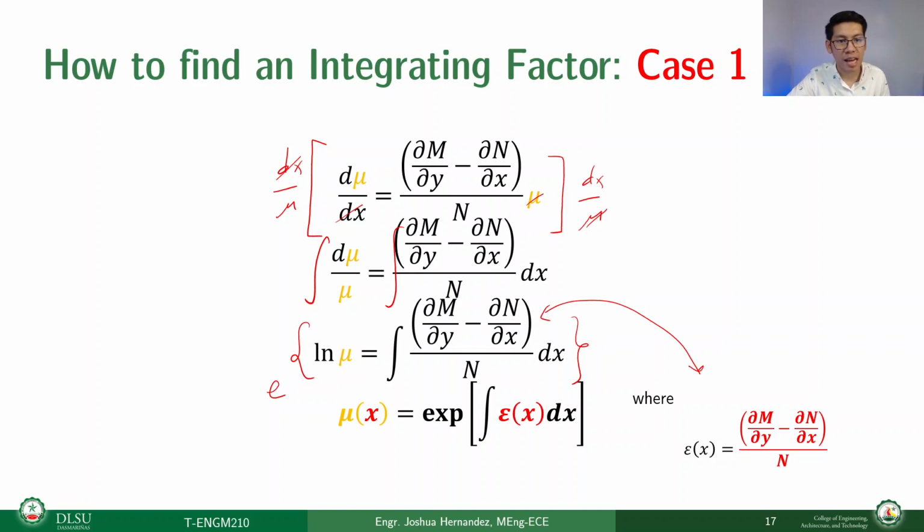Represent lang natin siya as epsilon of x. So mu of x is our integrating factor. Yun yung hinahanap natin to make a non-exact exact. And we can solve for that integrating factor by solving for the exponential of the integral of the epsilon of x dx. So that is case 1.